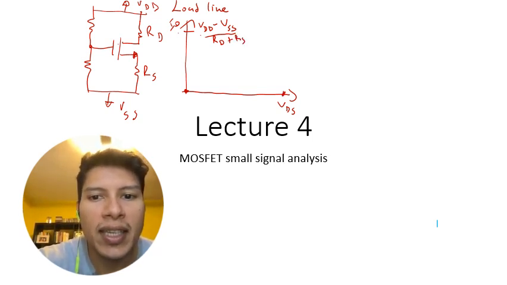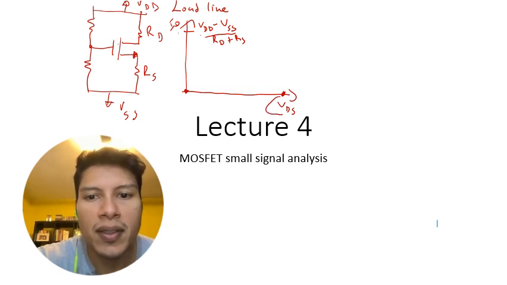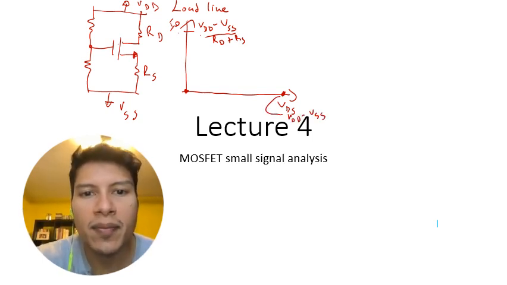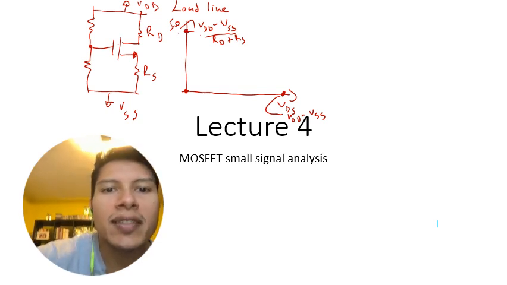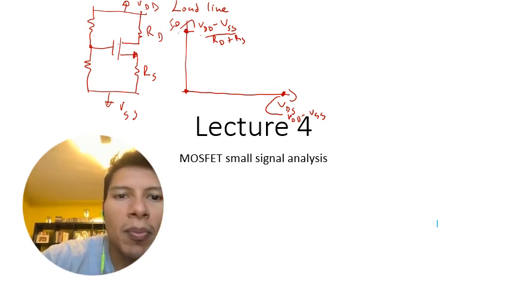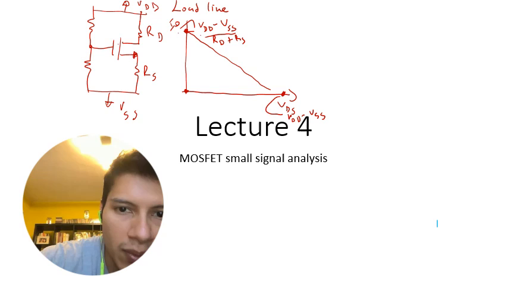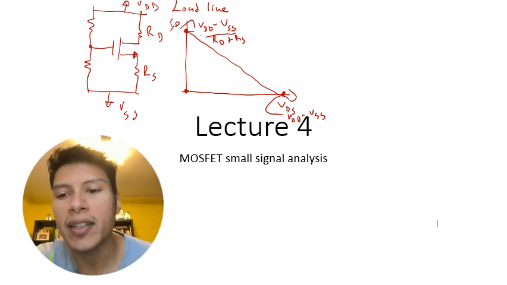And if ID is 0, VDS had to be equal to VDD minus VSS. Since we knew the points, we knew the operation of this particular circuit had to lie on the load line connecting the points.